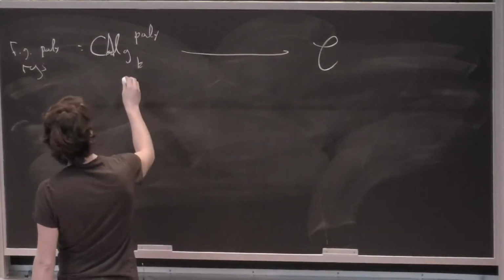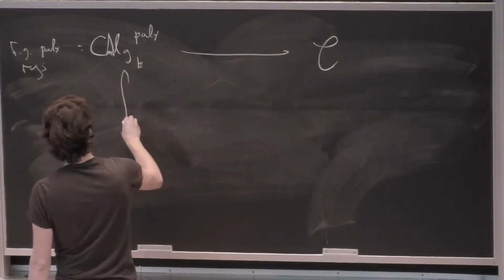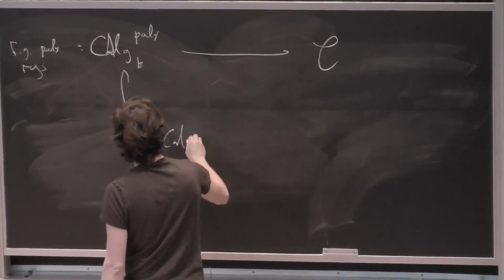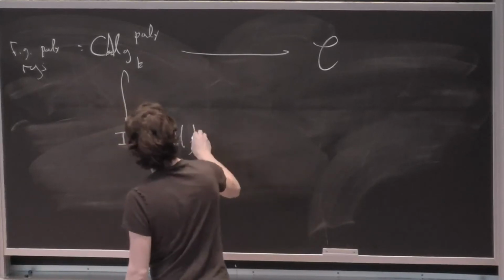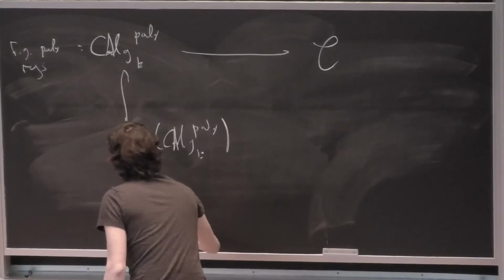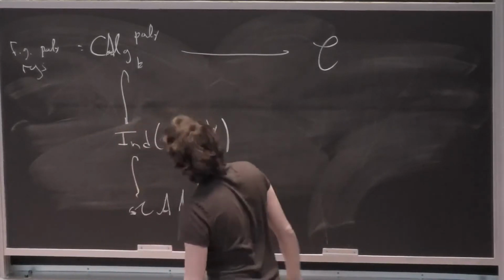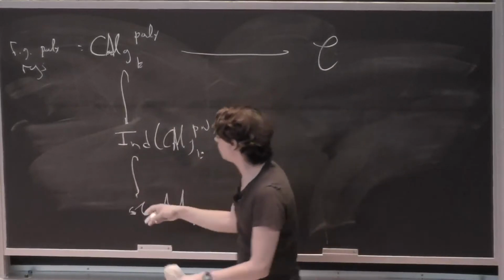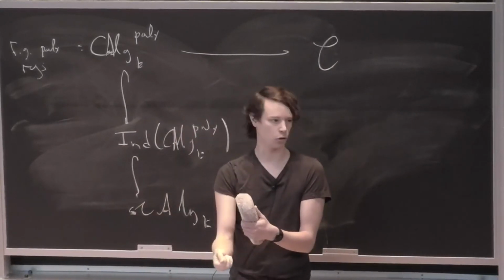So this includes into what I'll call ind calg K poly, and then this includes in simplicial calg K. By ind, I mean formally adjoin filtered colimits.